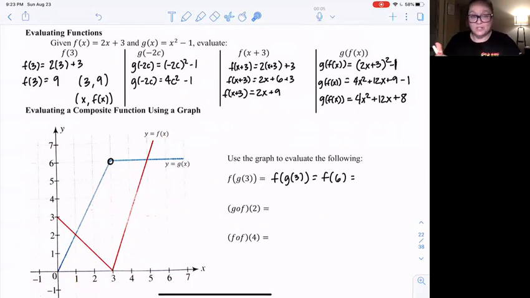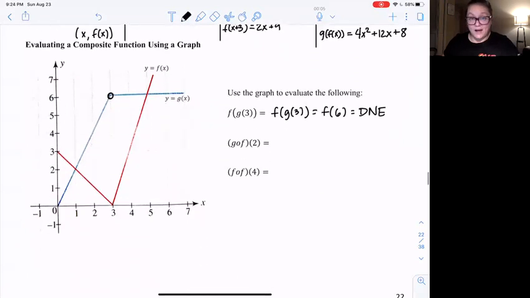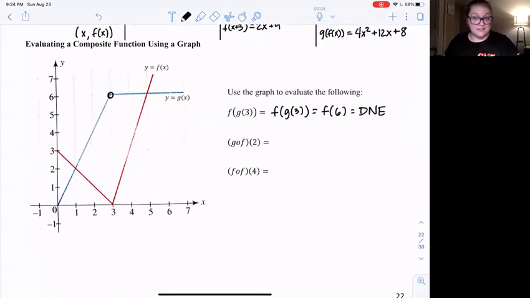Now, if the graph doesn't exist at that point, then this would be a DNE, does not exist. I specifically included this example because sometimes that will happen, and it's totally okay. Sometimes a composite function does not exist. A composition of functions does not give you an actual value.